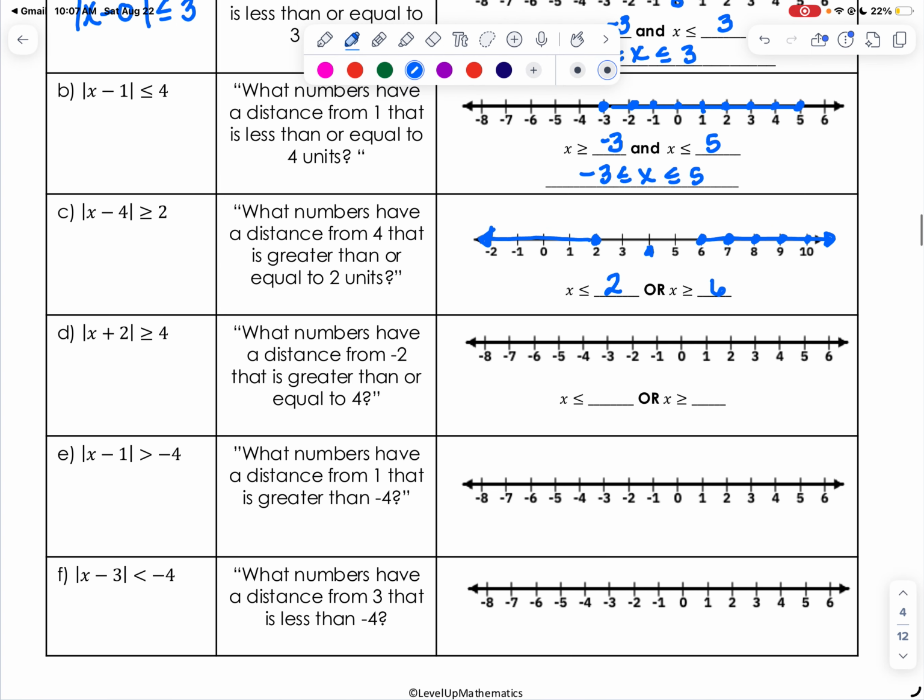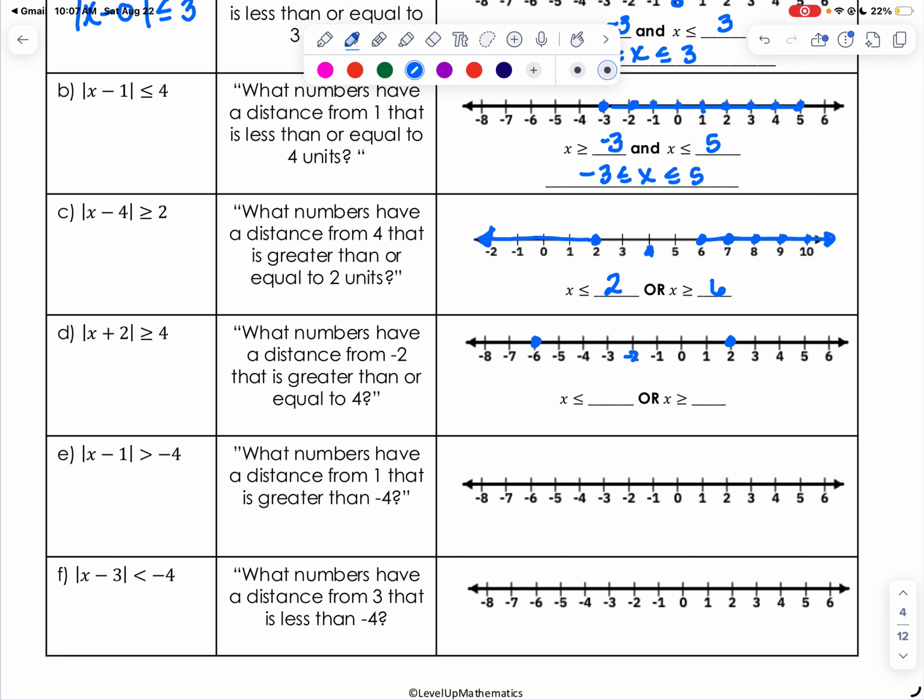All right. Problem D. We have the absolute value of X plus 2 is greater than or equal to 4. So what numbers have a distance from negative 2 that is greater than or equal to 4? So here's negative 2. I want my distance to be greater than or equal to 4, so I'm going to go 4 to the right, 1, 2, 3, 4, and 4 to the left, 1, 2, 3, 4.